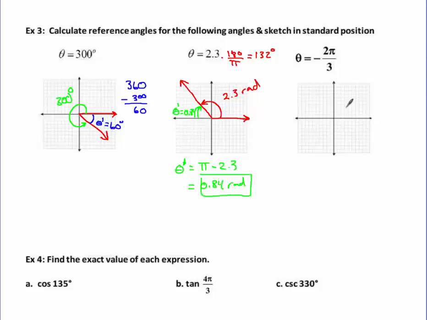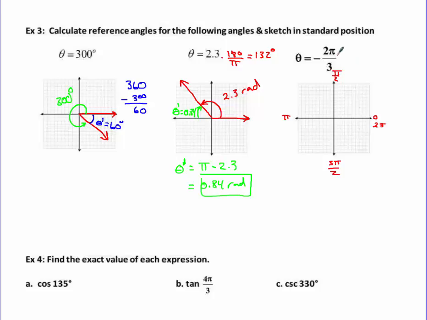All right, on to the next example. Theta is negative 2 pi over 3. So this one's going to be kind of interesting. So when we're going around our circle, this is 0. This is pi over 2. This is pi. 3 pi over 2, all the way back to 2 pi if we made one complete 360 loop.